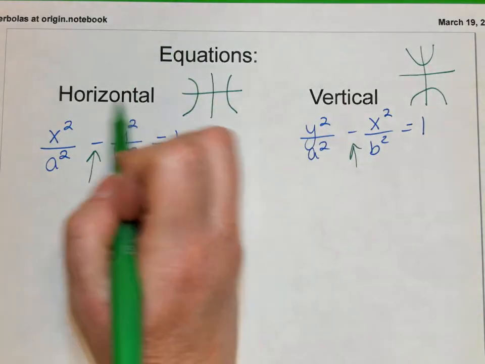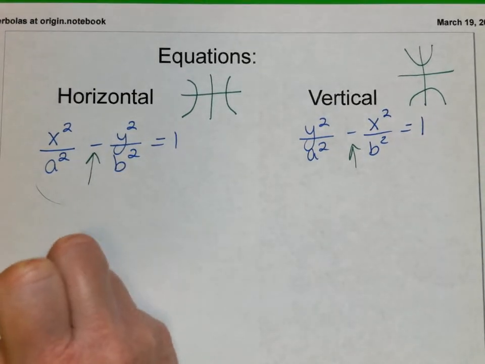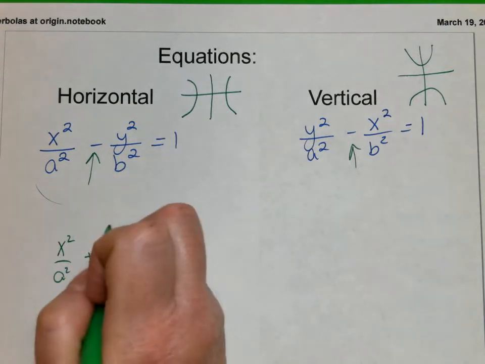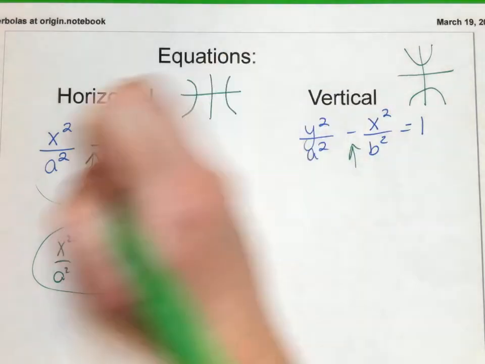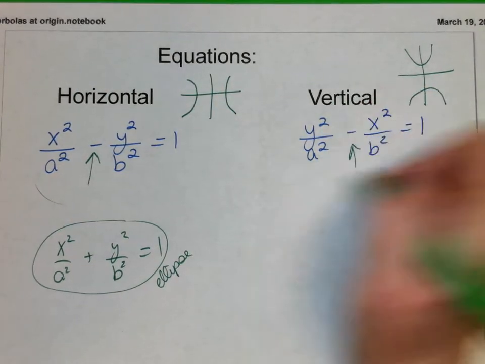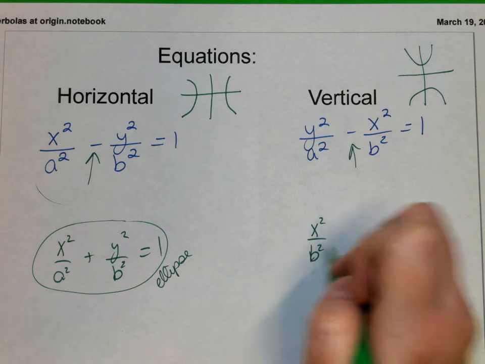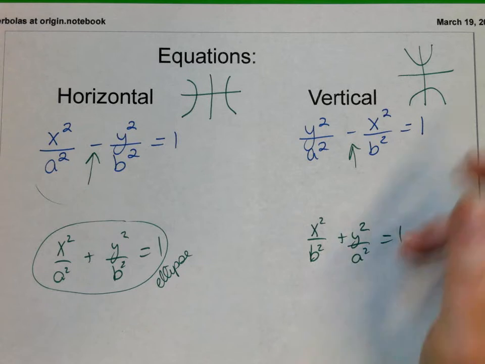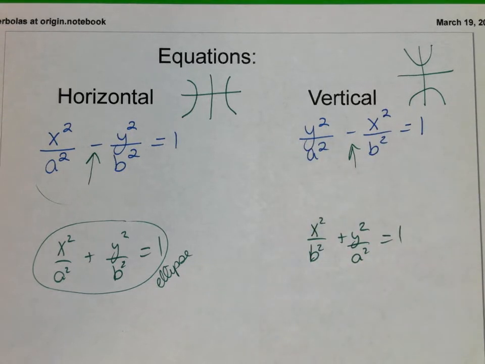Otherwise this looks just like the ellipse. Remember, the ellipse was x squared over a squared plus y squared over b squared equals 1. This was an ellipse. This is the hyperbola. Over here, we had x squared over b squared plus y squared over a squared equals 1. In this case, the x's and the y's traded places, not the a's and the b's.